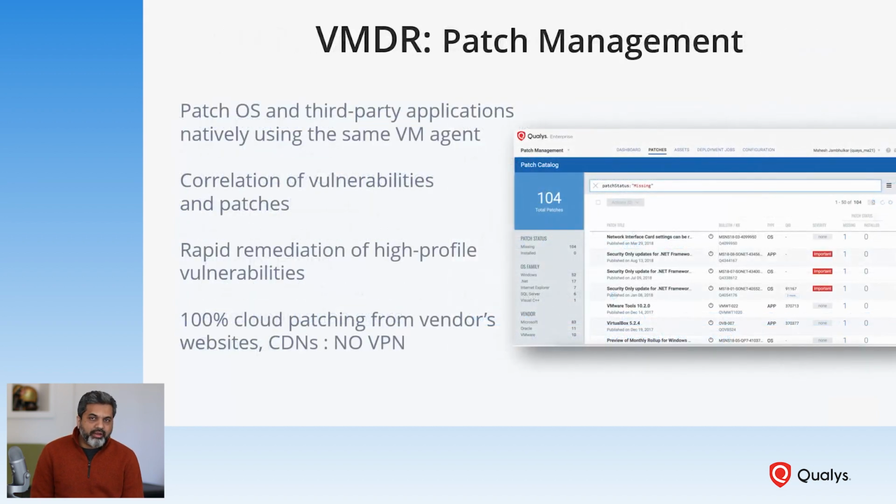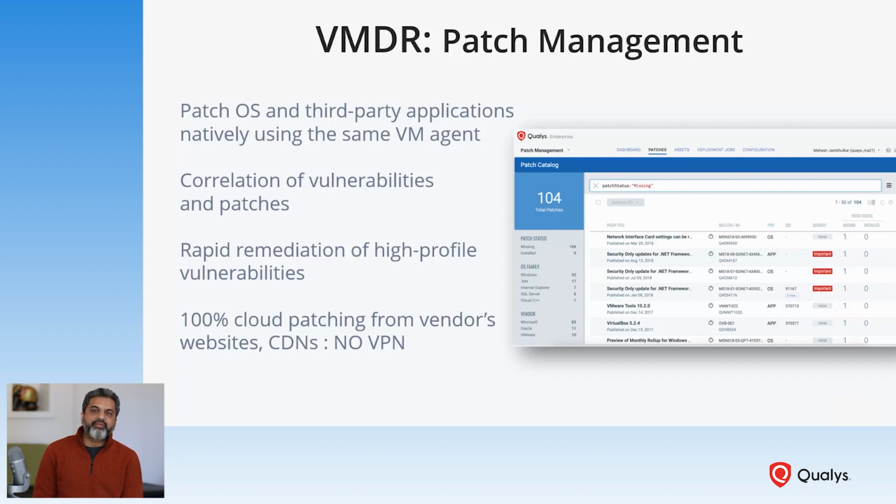Patch management as part of the VMDR solution is very, very exciting, because it really cuts down on the time that it takes to go from vulnerabilities to patches. All of you are dealing with this today: even after doing the prioritization, giving a threat or a prioritized report to the IT teams, trying to figure out how a vulnerability maps to a precise patch is something that is extremely difficult to do.